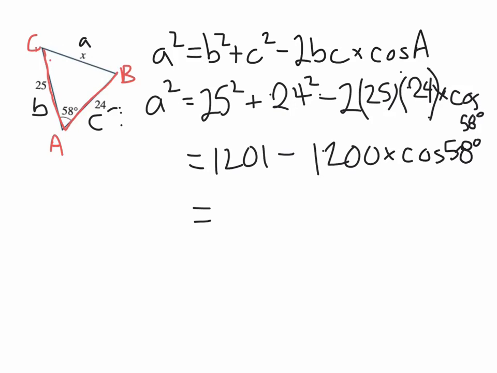So 1201 minus 1200 multiplied by the cos of 58 equals, and I got 565.00968. So don't forget that this is what A squared equals.